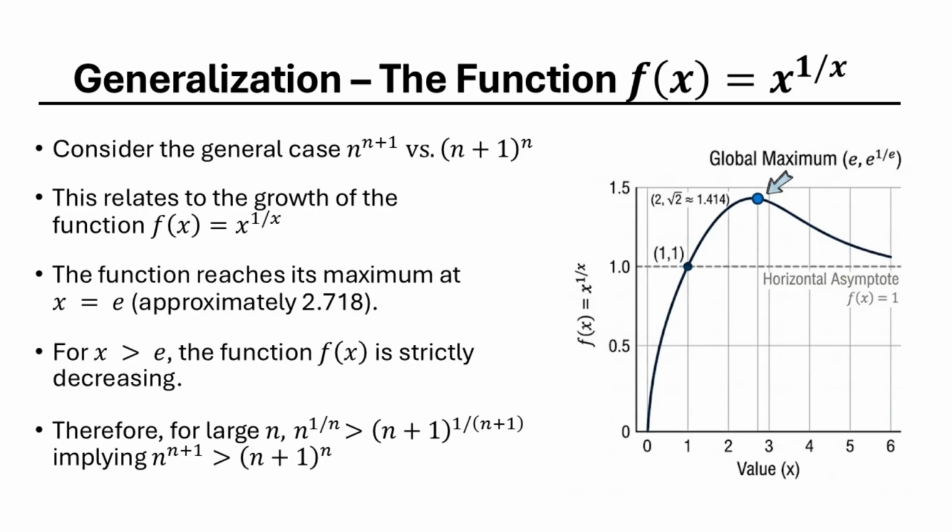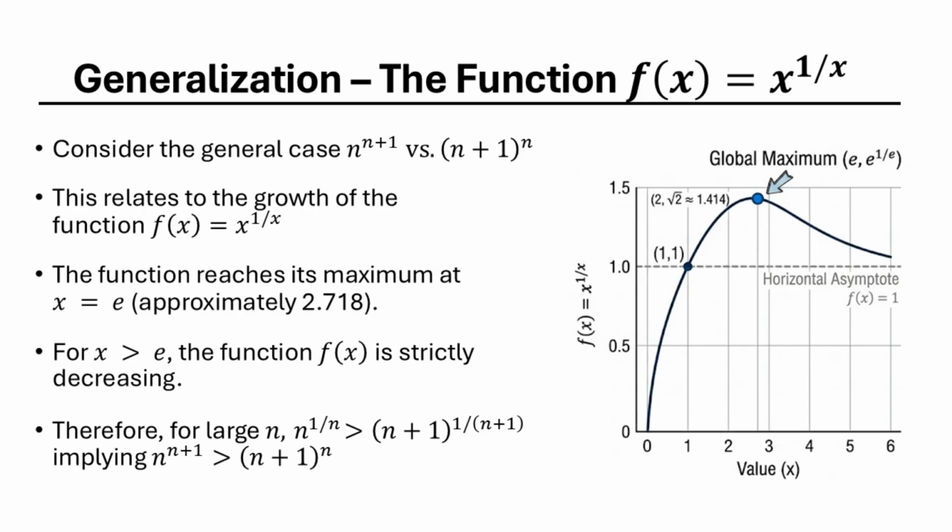Because the function f of x equals x to the power of 1 divided by x is strictly decreasing for any x greater than e, we know that for any integer n greater than or equal to 3, n to the power of 1 divided by n is greater than n plus 1 to the power of 1 divided by n plus 1. If we raise both sides to the power of n times n plus 1, we find that n to the power of n plus 1 is greater than n plus 1 to the power of n.